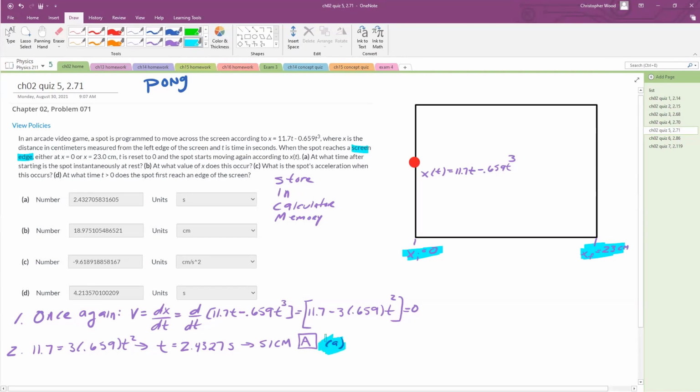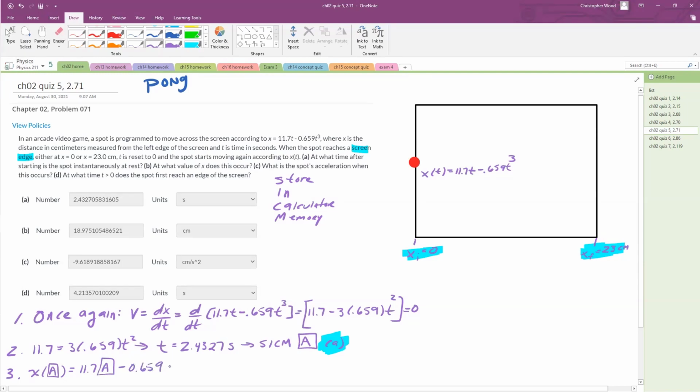Part B says, at what value of X does this occur? This seems kind of oddly easy because we're just evaluating this X function. So X at this time, X of calculator memory location A, is just going to equal 11.7 t minus 0.659 t cubed, with t stored in my calculator memory.